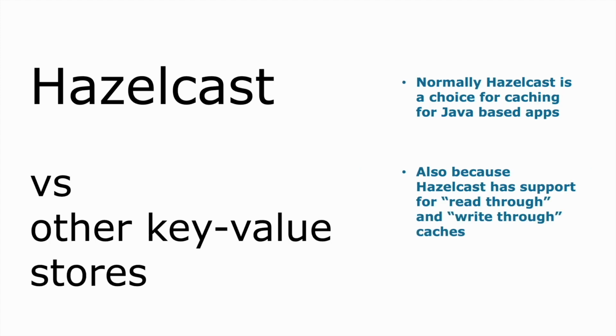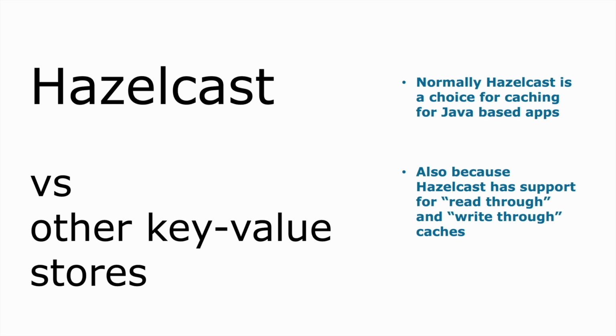Next point that I want to mention is Hazelcast versus some other key value stores which you can consider for caching. So instead of going into discussions about other key value stores, I would like to present a couple of areas where Hazelcast may be a better choice.